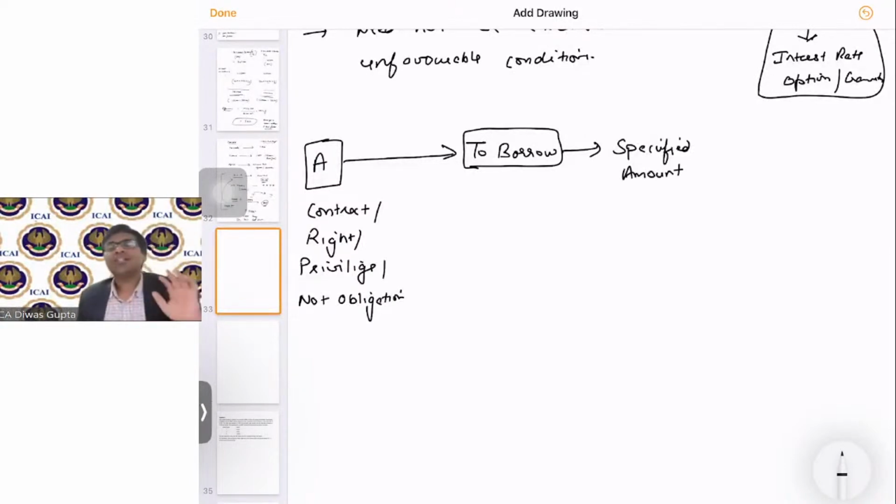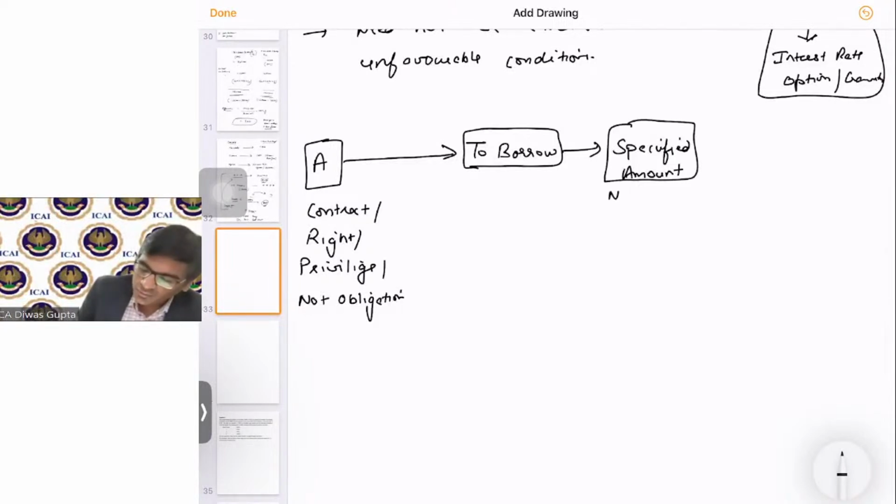The amount would be specified, for example, a notional amount, let's say 1 lakh rupees, 2 lakh rupees. Definitely when I say there is a contract which allows me to borrow, I will have to specify the amount in it, correct? So this is called the notional amount. To borrow a specified amount, which is as good as the notional amount.